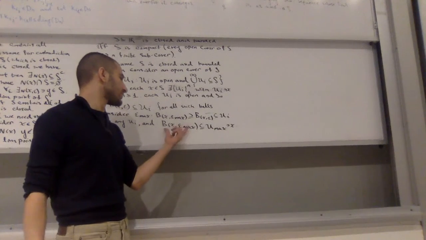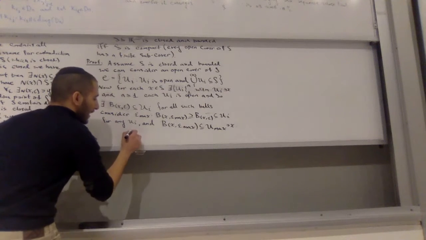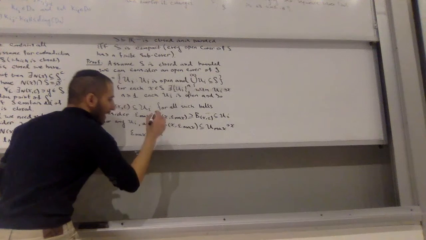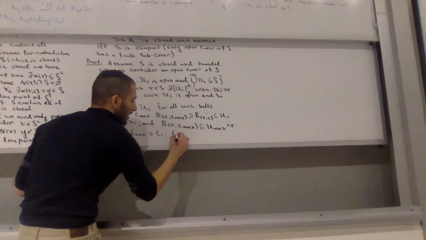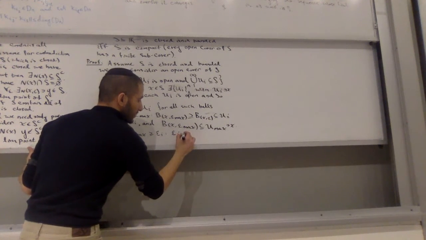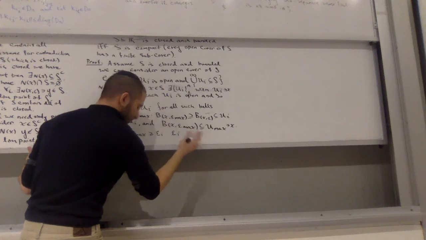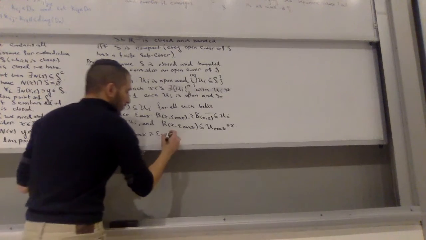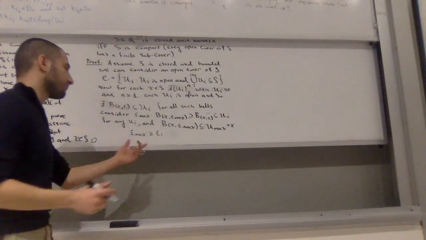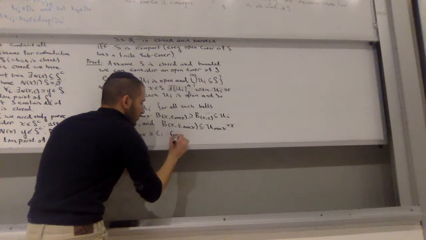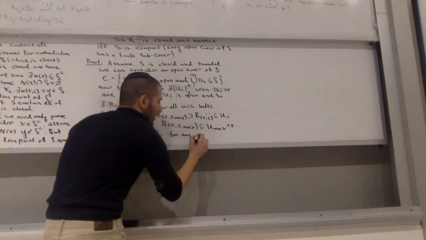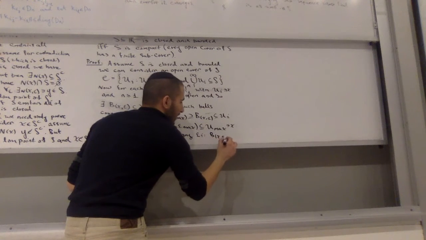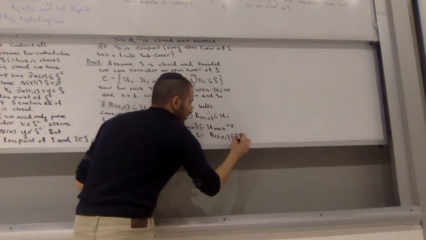U max is the one which contains this ball of epsilon max, and epsilon max is greater than or equal to epsilon_i for any epsilon_i such that B(X, epsilon_i) is contained in U_i.